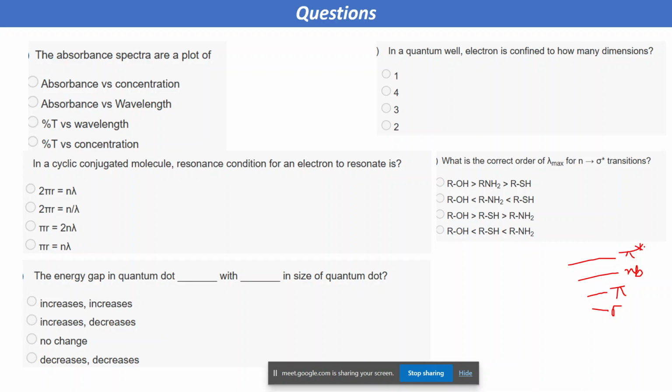So sigma star has the highest energy, and they are arranged in order of increasing energy. Now they are talking about n, that is non-bonding, to sigma star transitions. Basically, they are talking about alcohol.